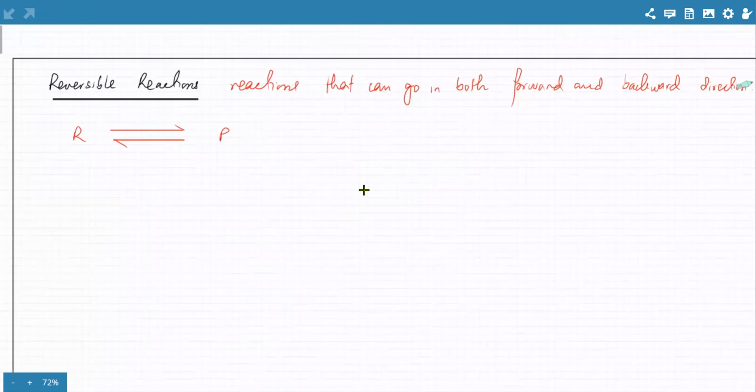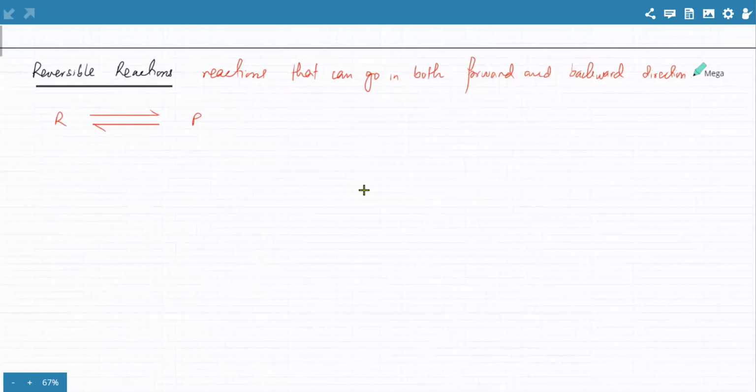So do you know any examples of reversible reactions? Yeah, like if you have a weak acid, then it can be reversible because it doesn't all ionize. That is one, like ethanoic acid.